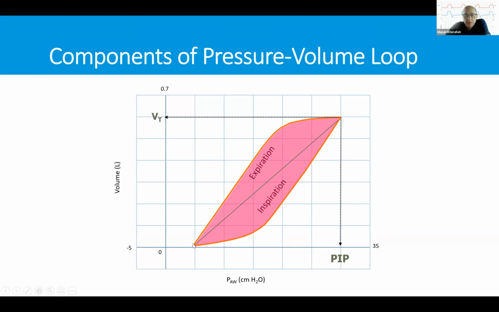Then you will see an initial rise that is associated with an increase in the volume, but not at the same magnitude as the rise in the pressure in the remaining segment. So the compliance of the system here is lower than the compliance of this segment here.